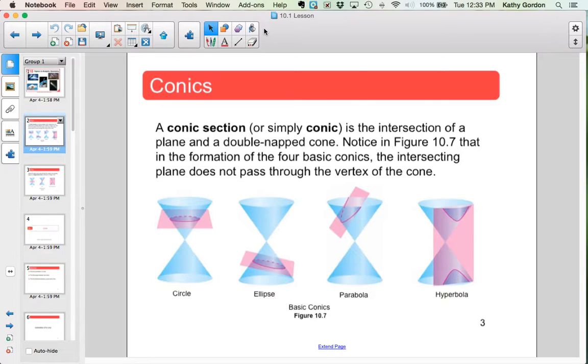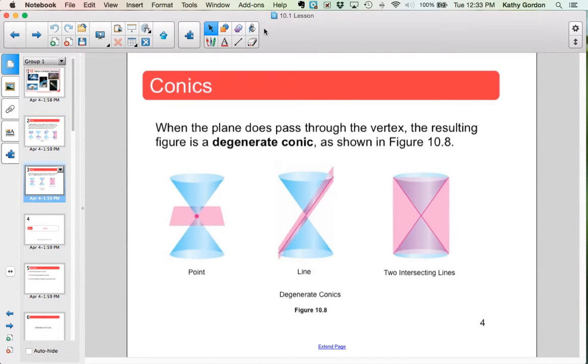But if you think about slicing through this double conic shape with a plane, there are some other options. These are options where the plane actually goes through those vertices, where the two points meet.